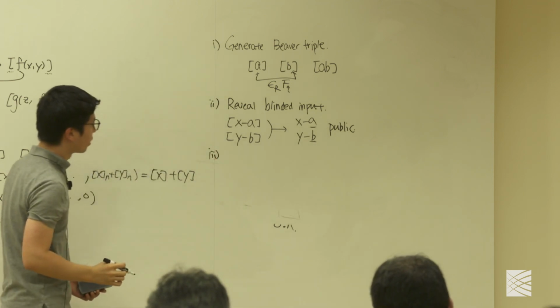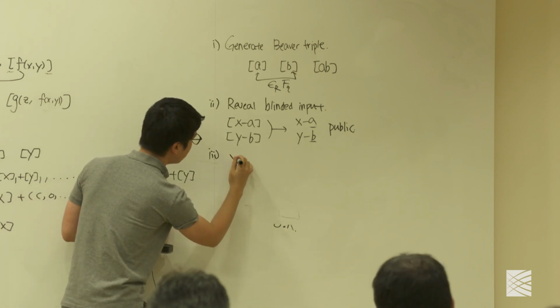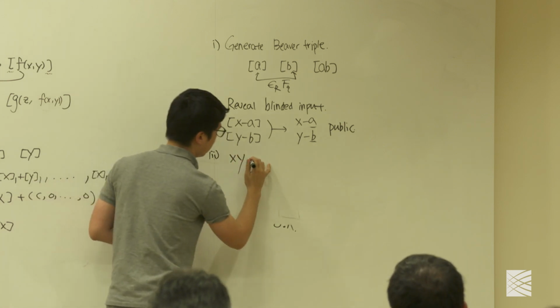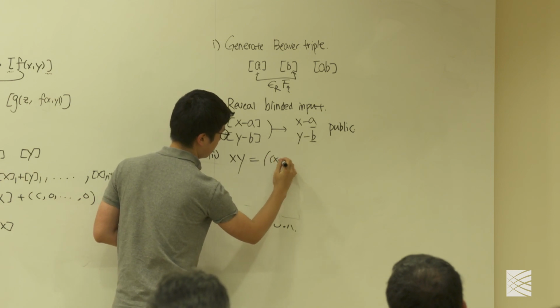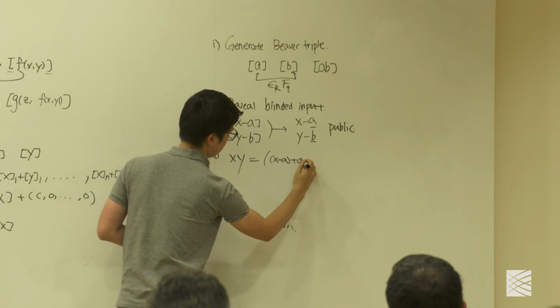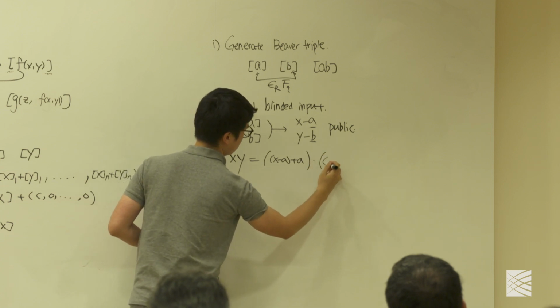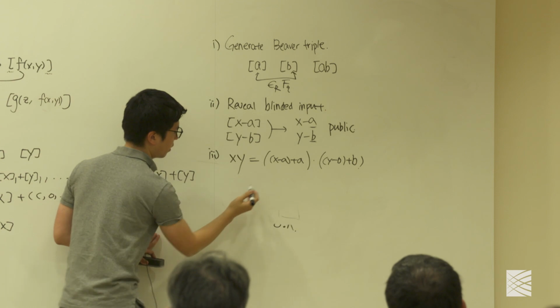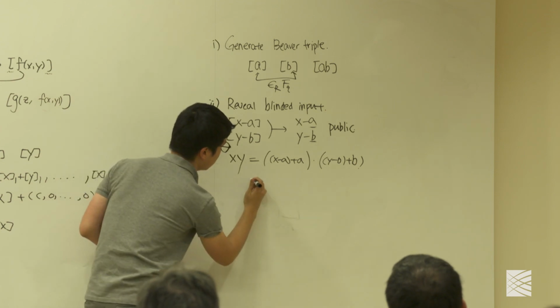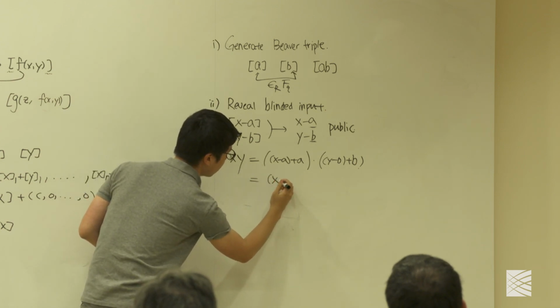Now, the last step is where the magic happens. So now we can rewrite x times y as something like this. And then if you expand it, you will see something interesting.